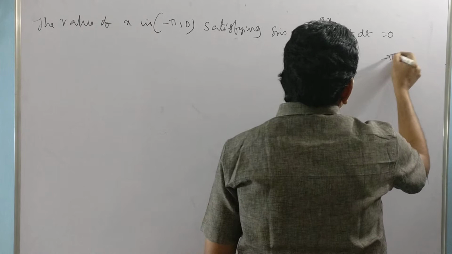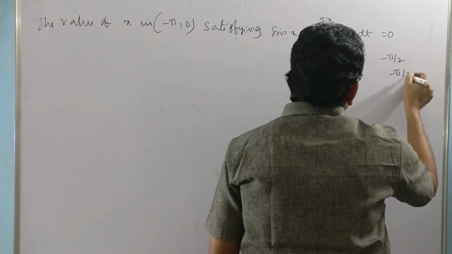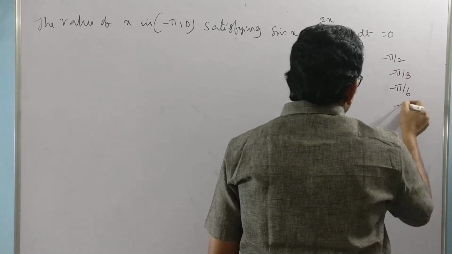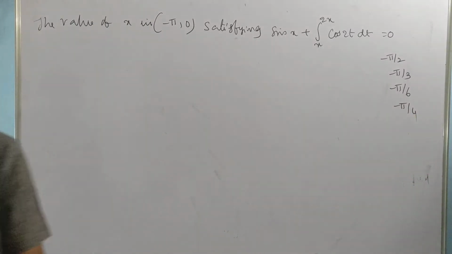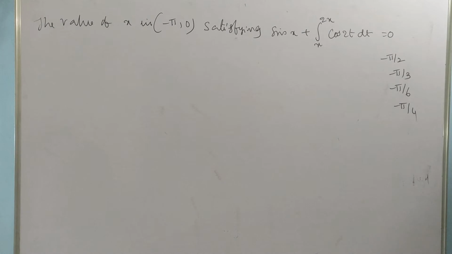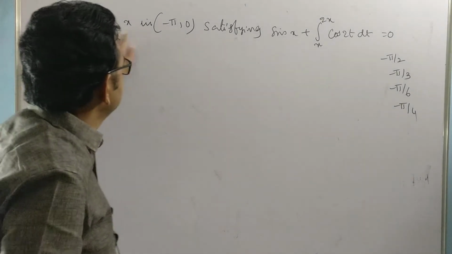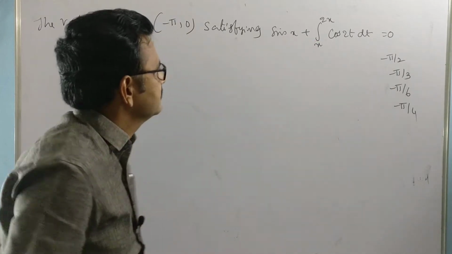The options are -π/2, -π/3, -π/6, -π/4. The value of x in the interval satisfying this.